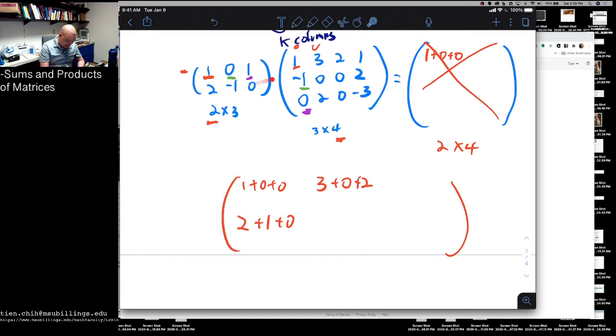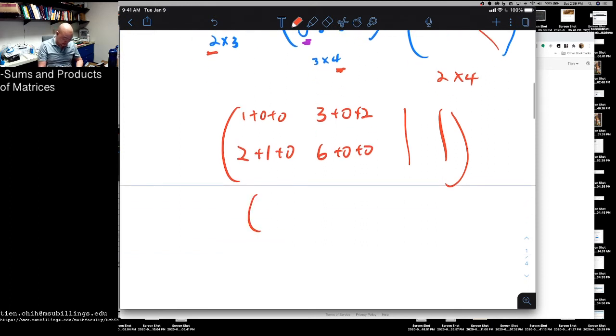Then 2 times 3, which gives you 6, negative 1 times 0, which gives you 0, and then 0 times 2, which gives you 0 again. And then we would do the same thing for the last two columns, and that would be our 2 by 4 matrix, which would be 2, 3, 5, 6, and then whatever these entries were.